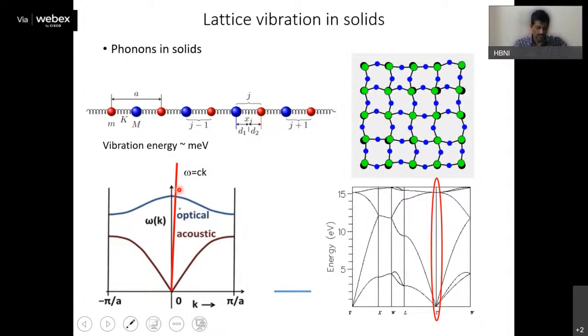This is close to k equal to 0, which is known as the gamma point. So whatever information we get in a crystal is close to the gamma point.